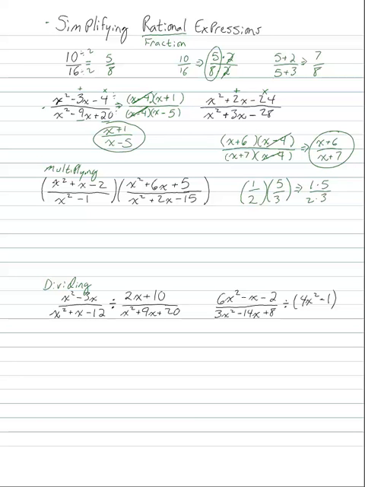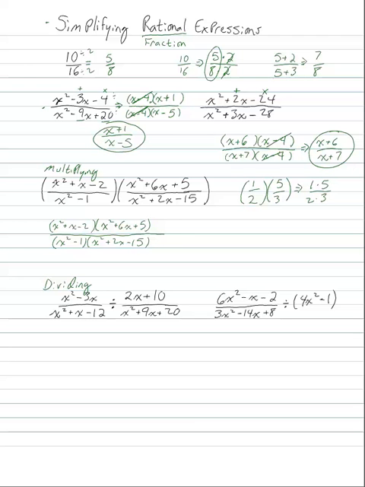So when I'm multiplying these, if I have something like x squared plus x minus 2 over x squared minus 1 times x squared plus 6x plus 5 over x squared plus 2x minus 15, I can write this as one big fraction with everything being multiplied. So x squared plus x minus 2 times x squared plus 6x plus 5 over x squared minus 1 times x squared plus 2x minus 15.